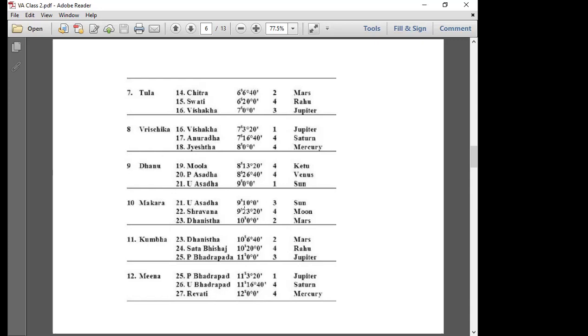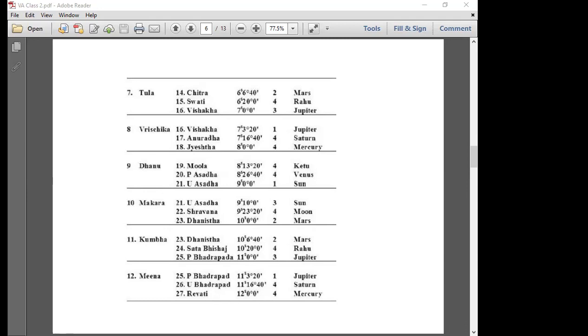Towards the last pada of Uttarashadha and the beginning of Shravana, there is another nakshatra, known as the Abhijit nakshatra. If you consider the Abhijit nakshatra, which is located towards the end of Uttarashadha and the beginning of Shravana, you will get the scheme of 28 nakshatras.